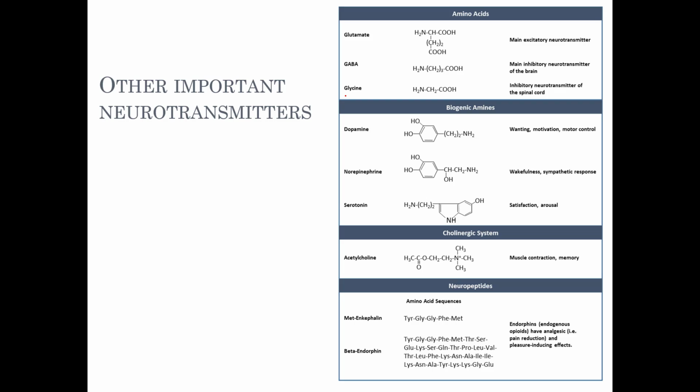Norepinephrine is involved in the sympathetic response. Serotonin is involved in satisfaction. Acetylcholine, of course, is involved in muscle contraction. And then we have some endorphins, enkephalin and endorphin, that have analgesic, pain-reducing and pleasure-inducing effects. So you should know a couple of these. Definitely know acetylcholine and then maybe two or three more of them.